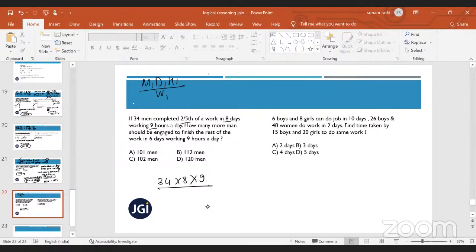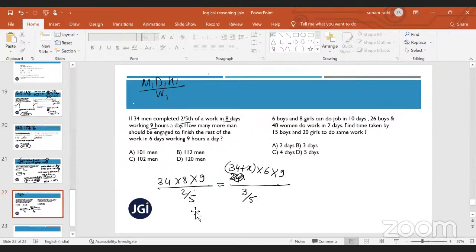Work is 2/5 is equals to how many more men should be engaged to finish the remaining work? Let's say X more men working 6 days and 9 hours. Remaining work, 2/5 work is done, so remaining work is 3/5, right?